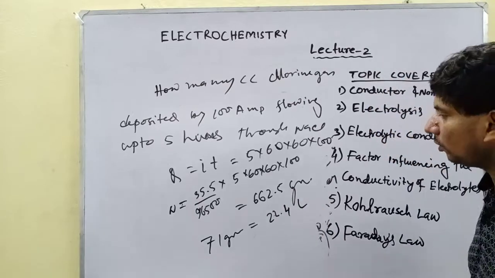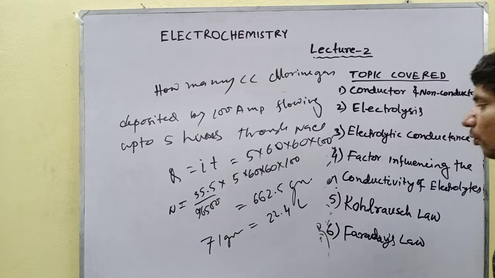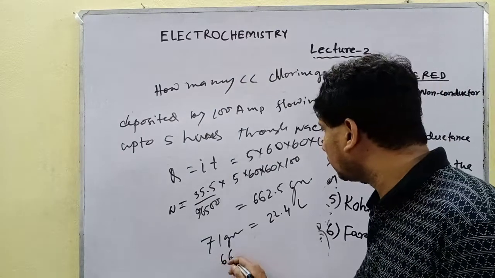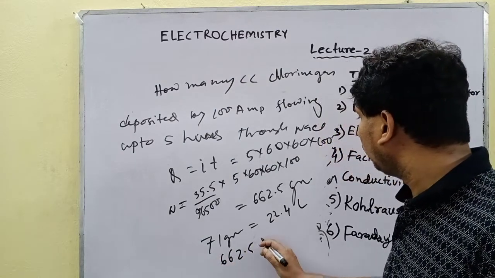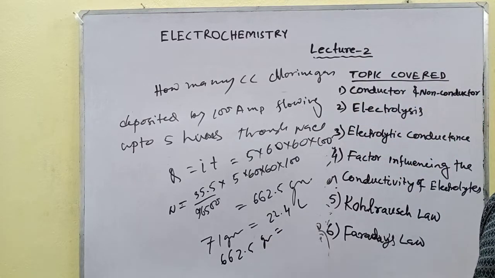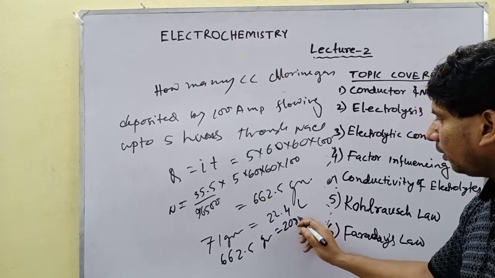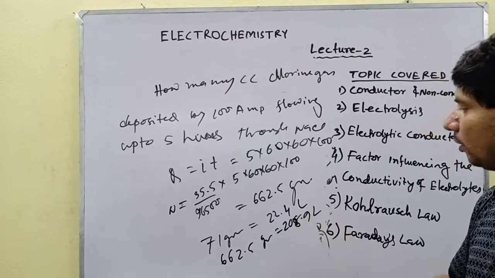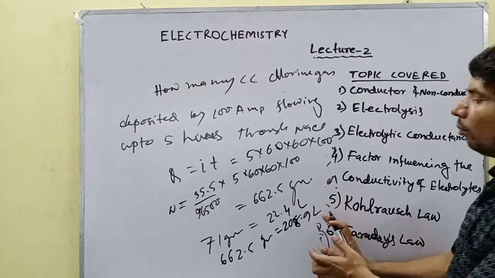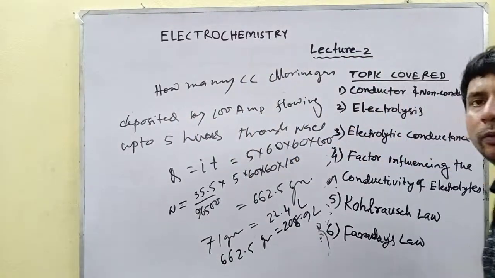You know 71 gram equal to 22.4 liter, then 662.5 gram equal to actually 208.9 liter. Okay, so this amount of chlorine will be deposited in the anode.